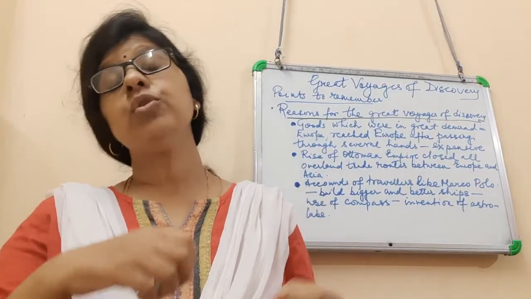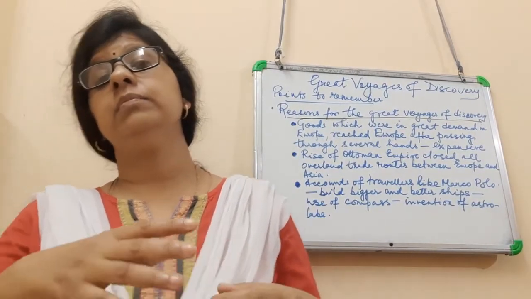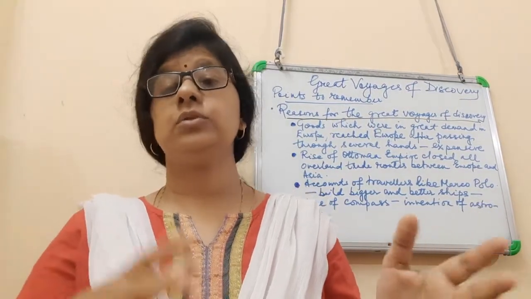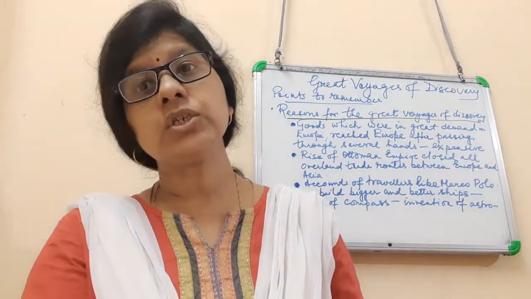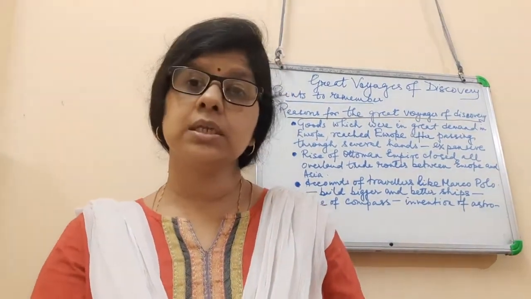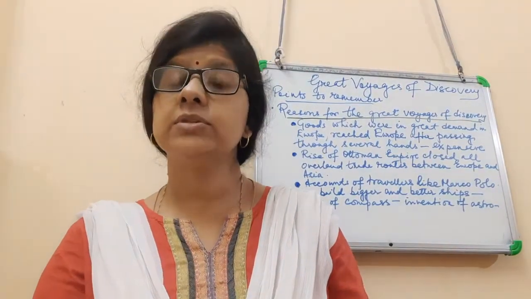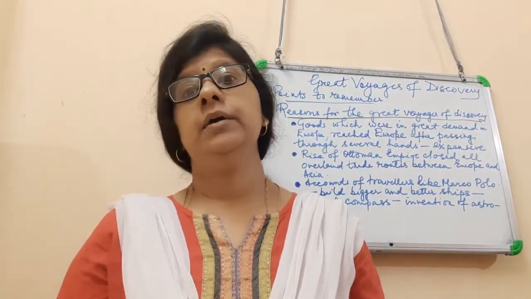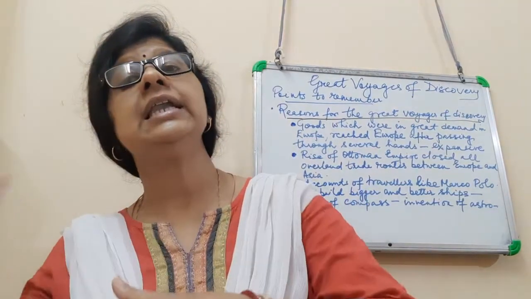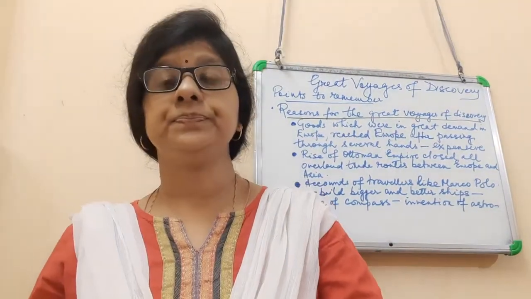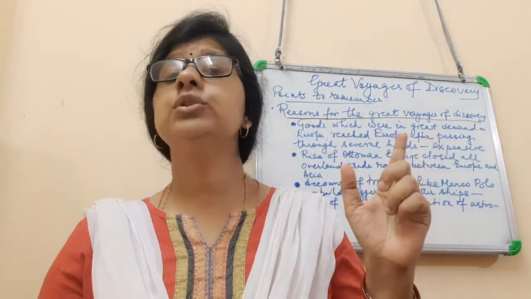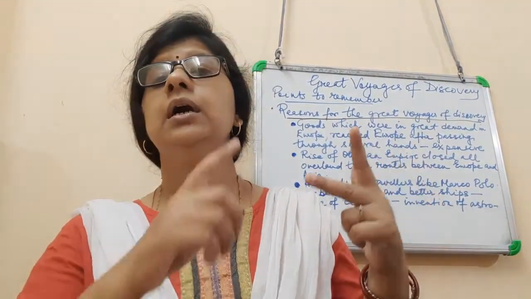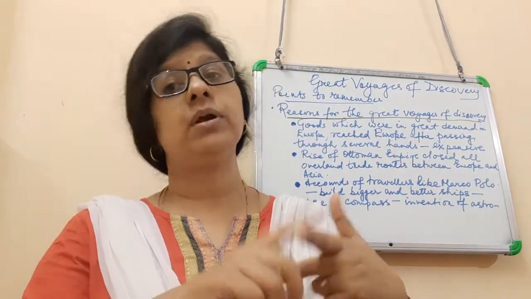Not that each of them took a different route. Like Henry the Navigator and Bartholomew Diaz both traveled in the same direction, but Christopher Columbus took an entirely different direction. Again, Vasco da Gama took the same direction as Henry the Navigator and Bartholomew Diaz.